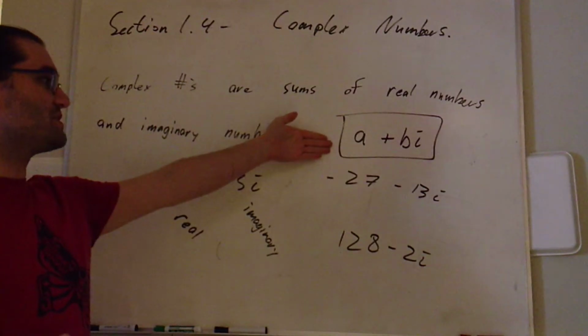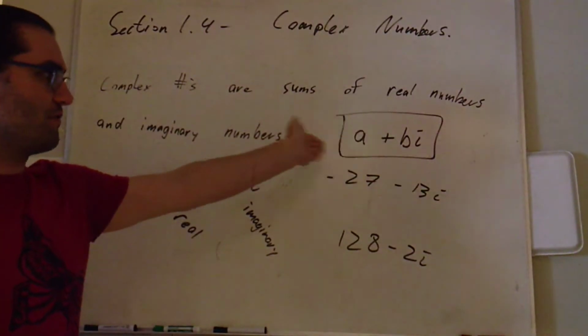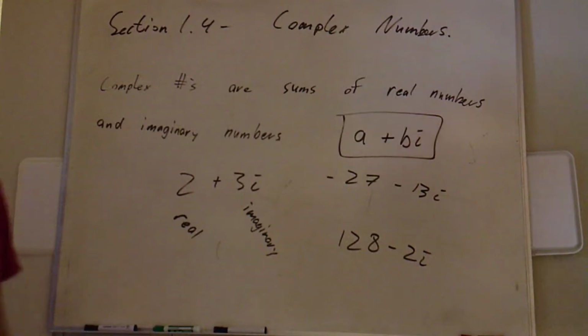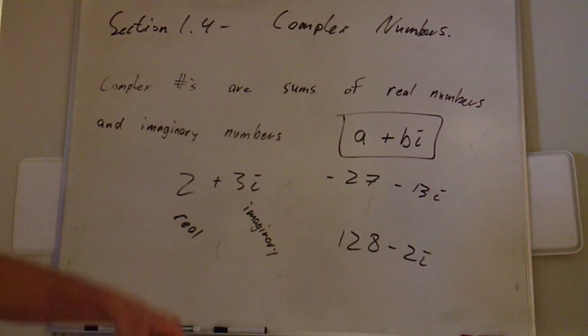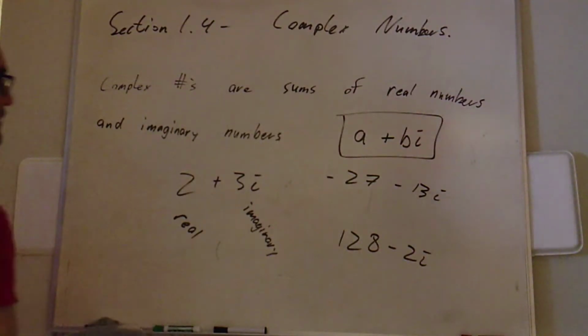Okay, this is complex numbers. This is the generic form of any complex number. So that's what they are. Next we're going to talk about what we're doing with them. So I will again erase all of this.